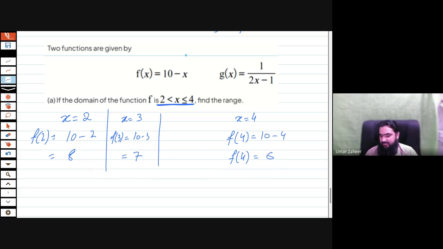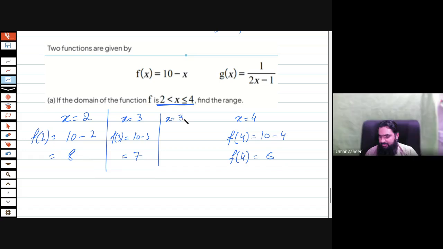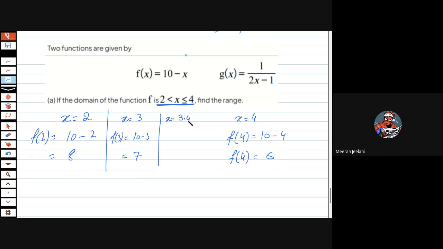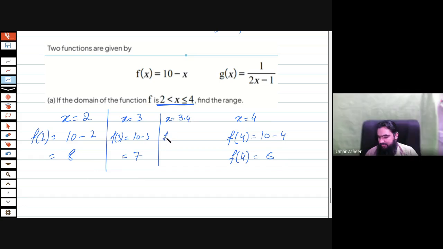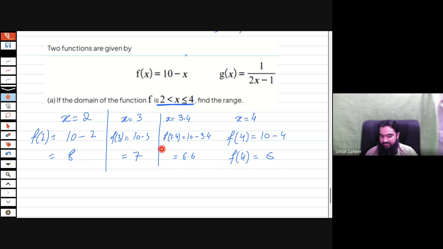Let's say, just tell me any value between 2 and 4 in decimal. 3.4. Okay, let's substitute it here. f of 3.4 is equal to 10 minus 3.4. Yes, that will be 6.6. Obviously, 6.6 is going to lie here.